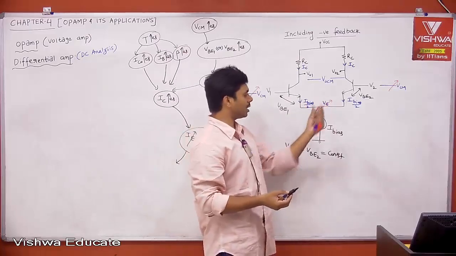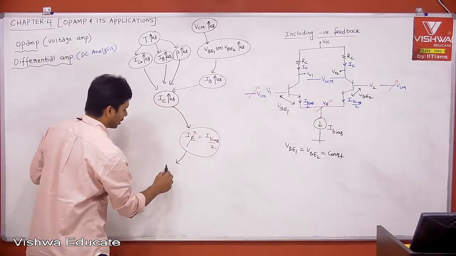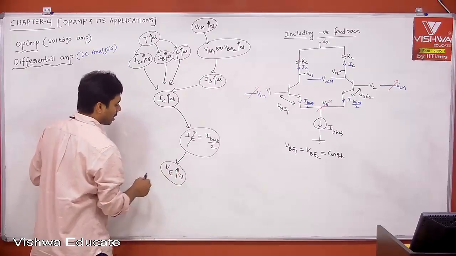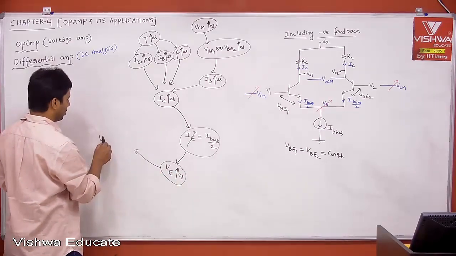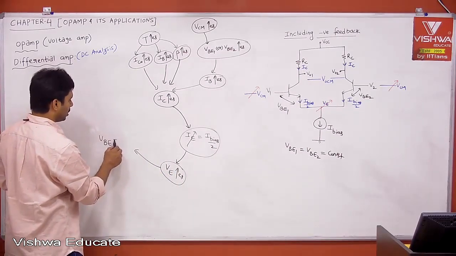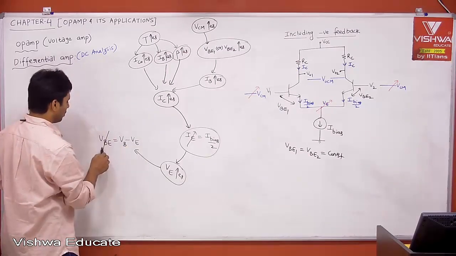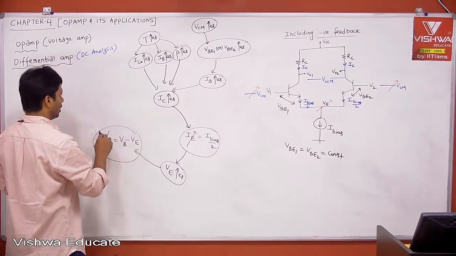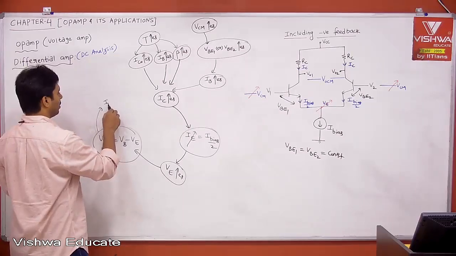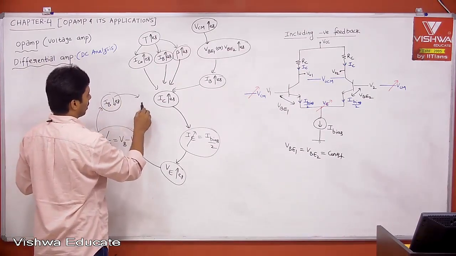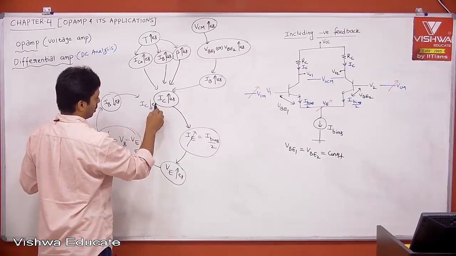If that is increasing more than I bias by 2, then your VE will increase. Then when VE is increasing, what about your VBE? VBE is equal for both. It is happening for both. VB minus VE, your VBE decreases. When VBE is decreasing, then your IB will decrease. When IB is decreasing, then your IC will decrease.